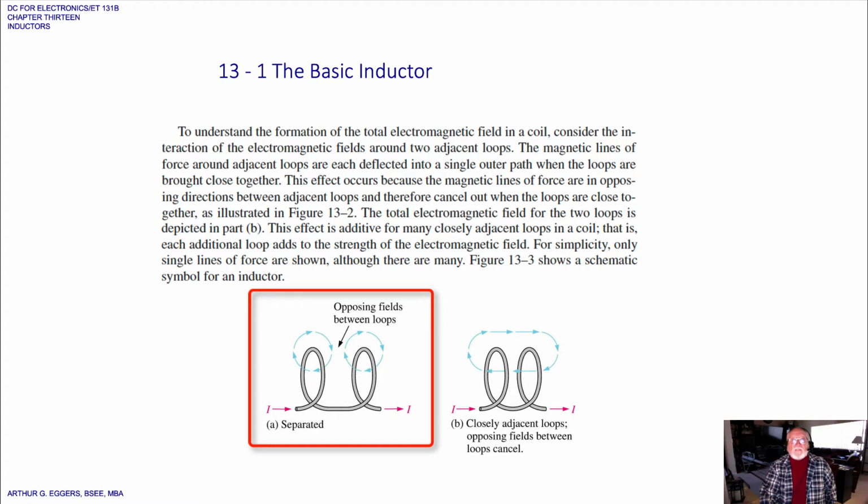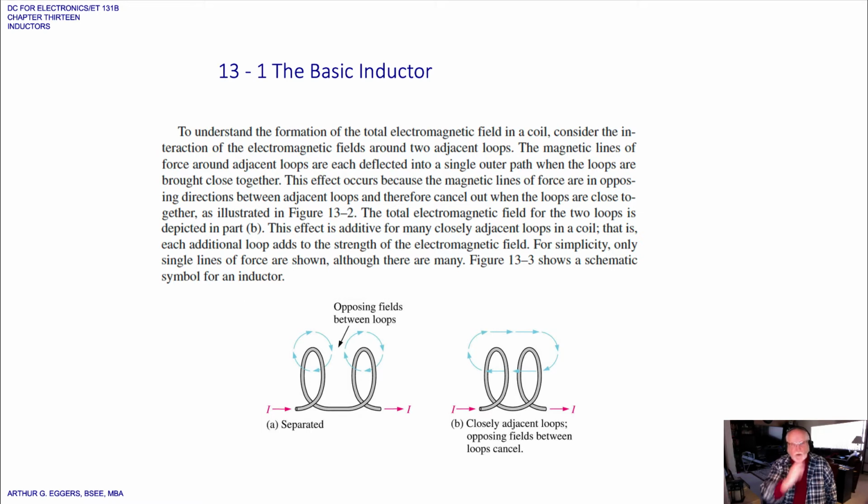Okay, the effect here causes magnetic lines of force in opposing directions between the lines of the loop. So we can see here as the fields are further spread apart, you'll notice that the lines of force, or the electromagnetic field, does not connect. They do not interconnect.